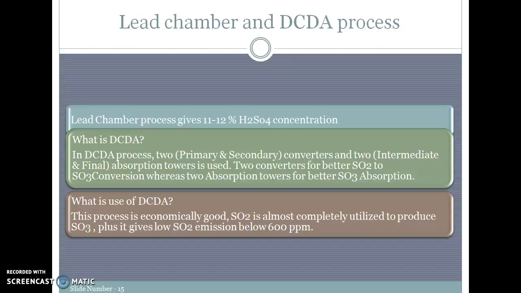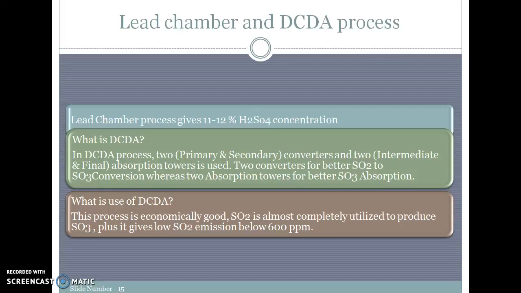But at the same time there is absorption. As the amount of SO3 increases in the reaction, the rate of the backward reaction would be more compared to the rate of the forward reaction, which is not feasible. So we need to remove the SO3. That's why the first absorber is used, which removes the maximum SO3 formed in the first 3 converters.